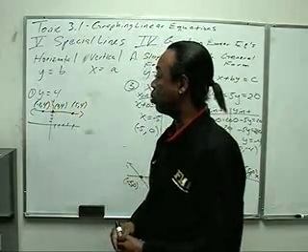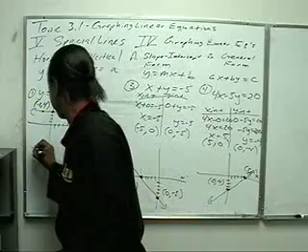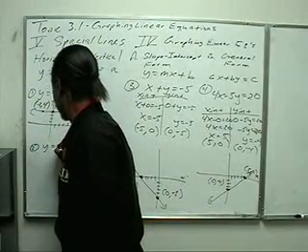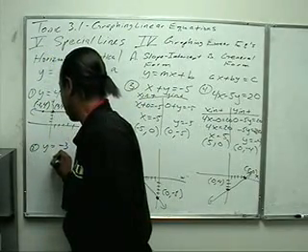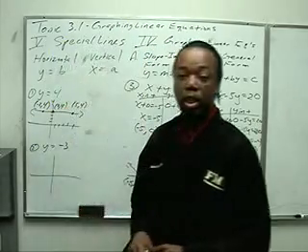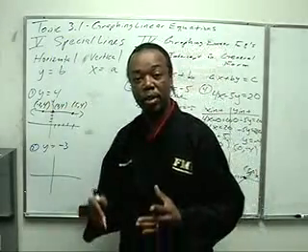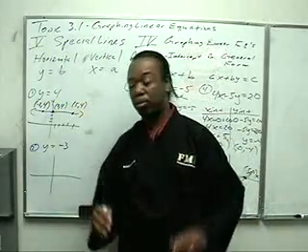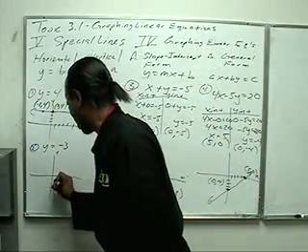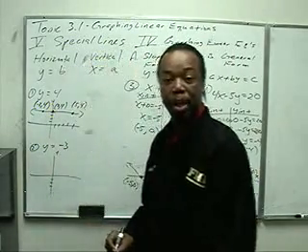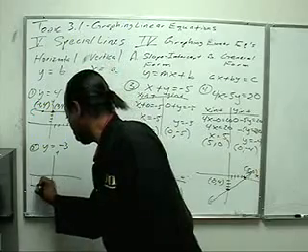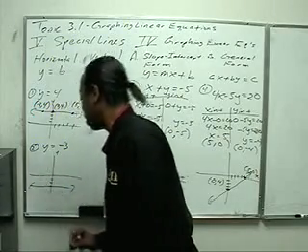Now, let's do another one. Y equals negative 3. Okay. Again, this is a special line. Y equals negative 3 will be horizontal. So we go along the y-axis and we go to negative 3. Create our horizontal line.